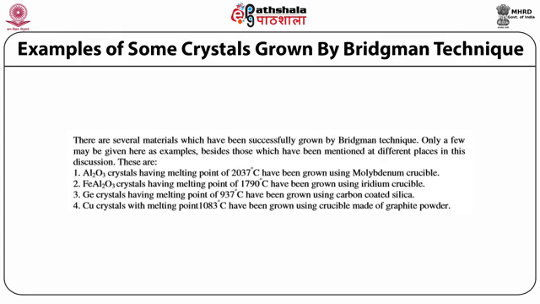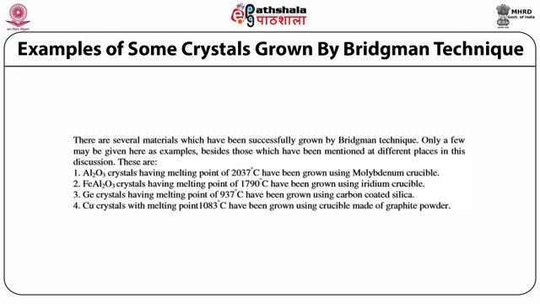FeAl2O3 crystals having melting point of 1790 degrees centigrade have been grown using iridium crucible. Germanium crystals having melting point of 937 degrees centigrade have been grown using carbon-coated silica.